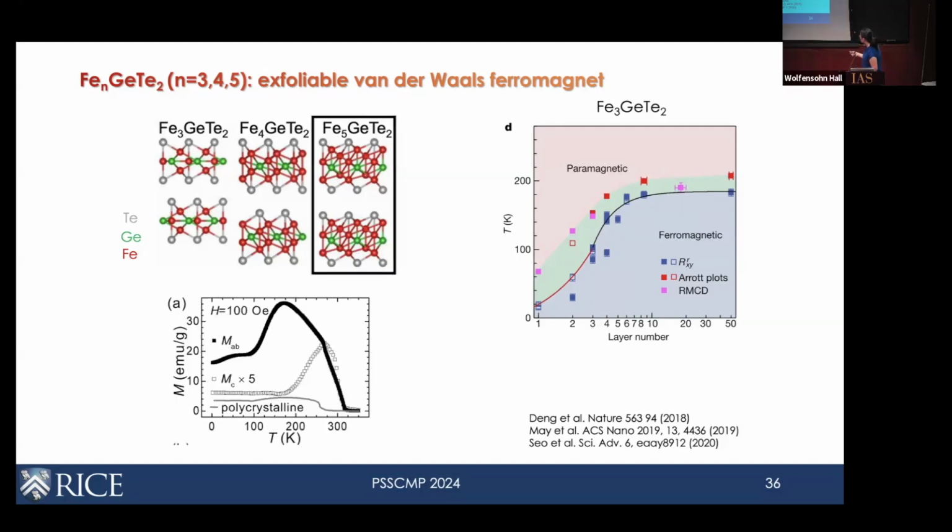But the key one I want to focus on is this last one, Fe5GeTe2, not only because it has the highest Curie temperature near room temperature, but also because it has this special vacancy that can be utilized to form this order and give you this clover lattice.